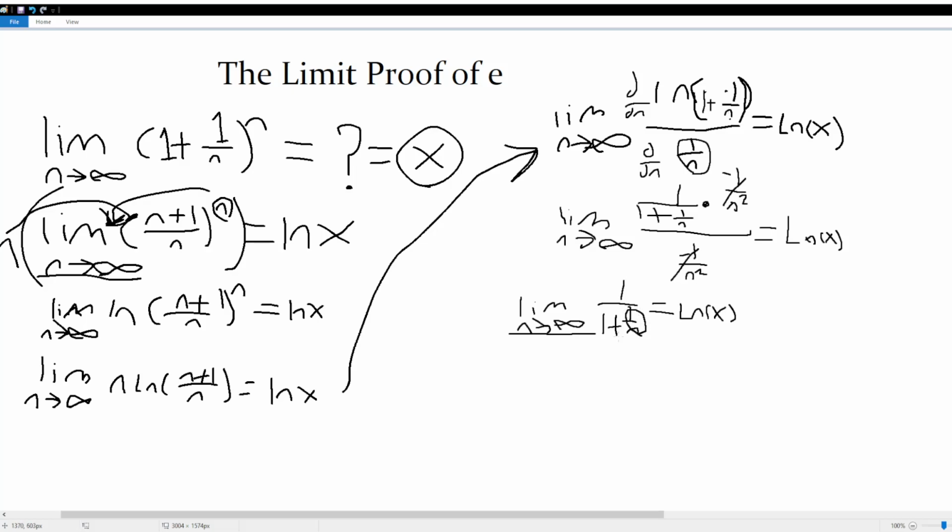So now it's just 1 over 1, and then, oh my gosh, this is equal to 1. And then you have to exponentiate both sides. So you're left with e to the 1 equals x, and that goes all the way back up there. So this is the limit proof of e.